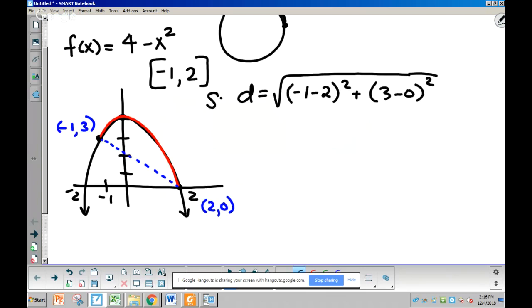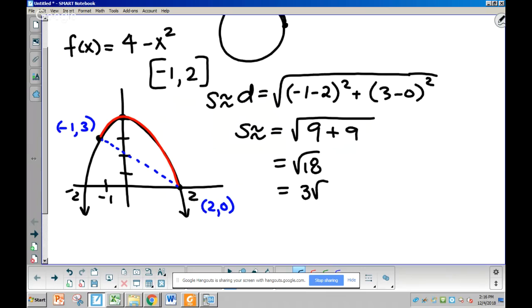So I'm going to say my arc length is approximately 3, the square root of, I'm going to put the intermediary steps in there. Is that all right? So it's 9 plus 9, which is root 18, which is 3 root 2. You said 2, I said 2 or 3, but I meant to say 3. Okay, somebody's got a calculator.